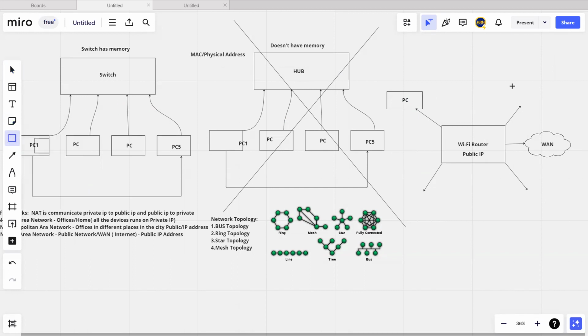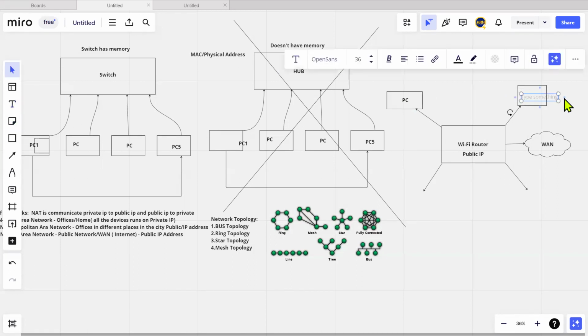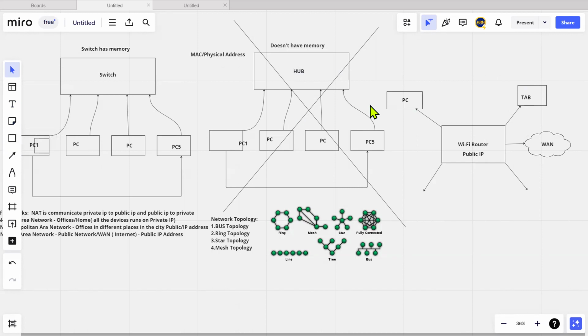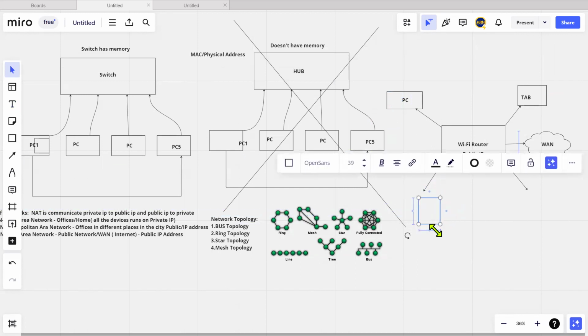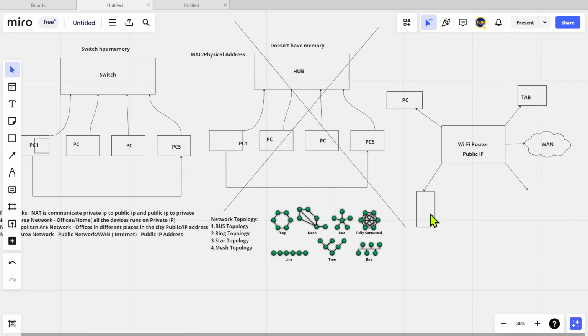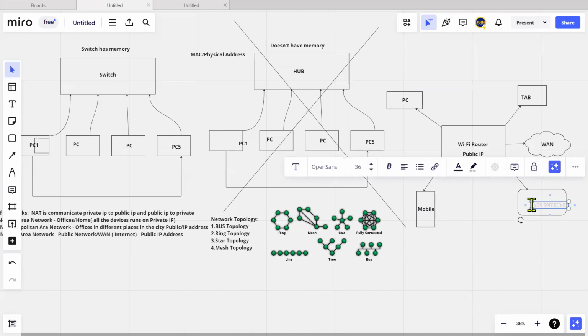And this is a tab, connected via Wi-Fi. This is a mobile. And let's say this is a TV, Android TV.